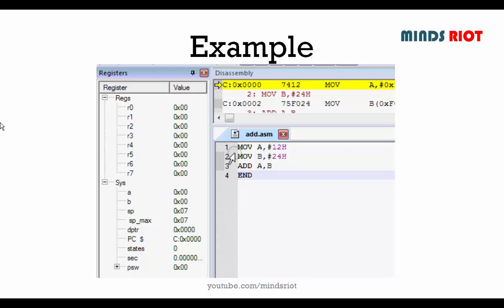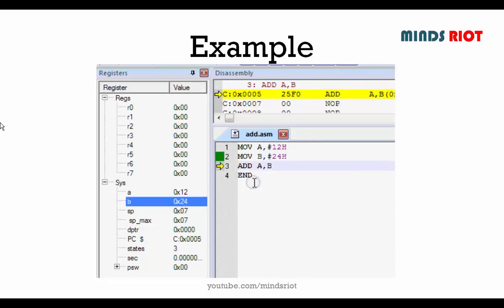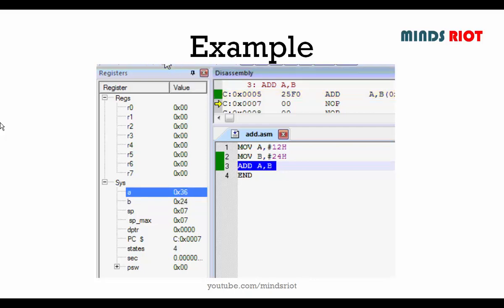Now according to the first instruction, accumulator content will be 12, and as per the second instruction, content of register B is 24. Now adding these contents, the result is 36, which is automatically stored into the accumulator.